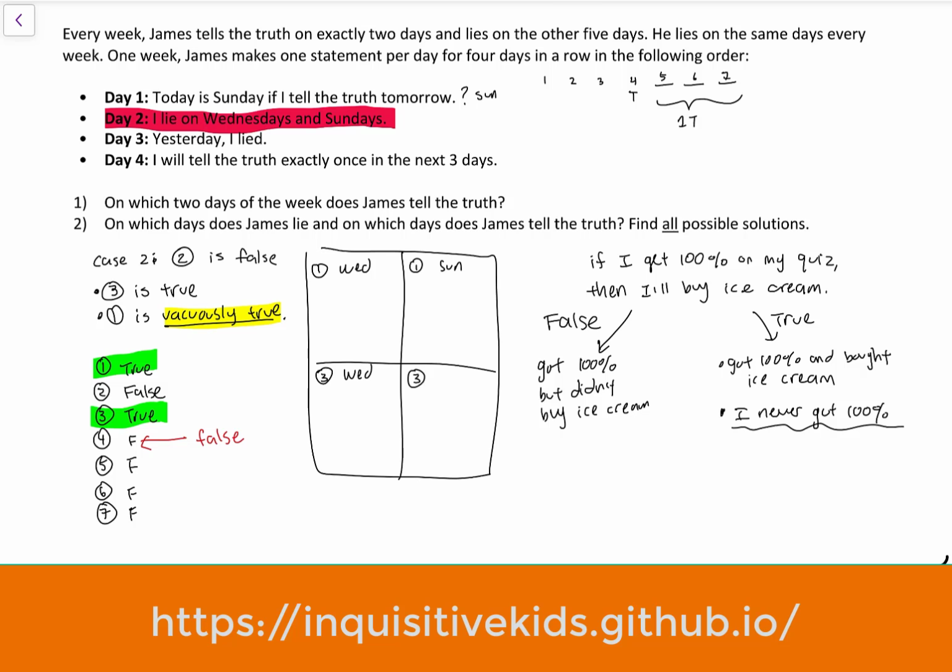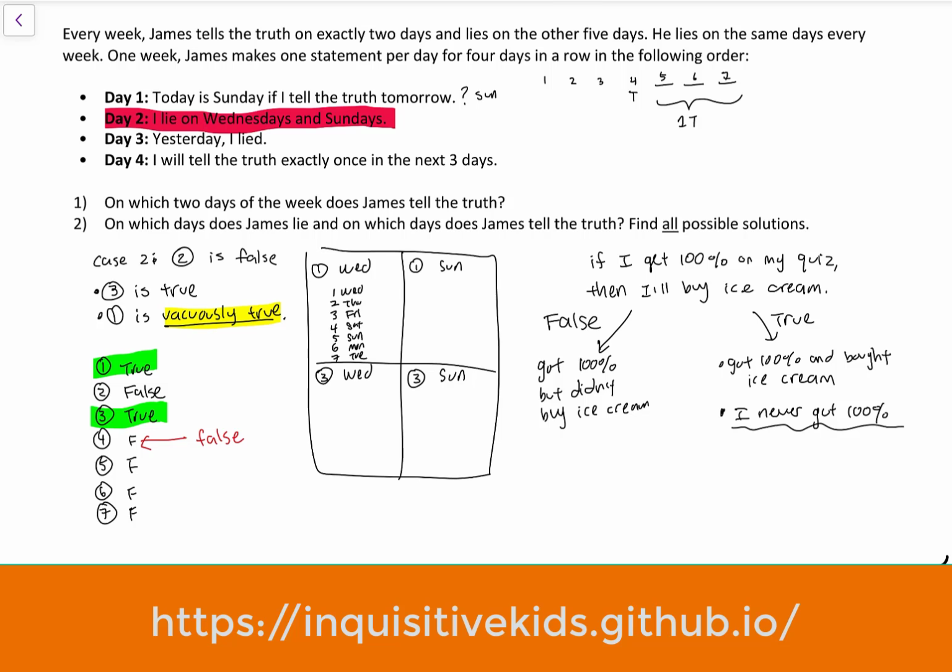Or day 3 can be on Sunday. So we have these 4 possibilities. If we have day 1 Wednesday, let's write out the days. There are 7 in total. We have Wed, Thurs, Fri, Sat, Sun, Mon, and Tuesday.